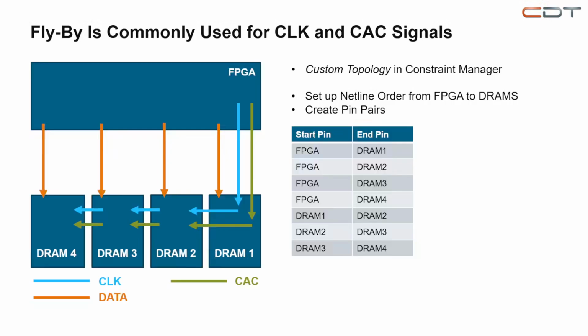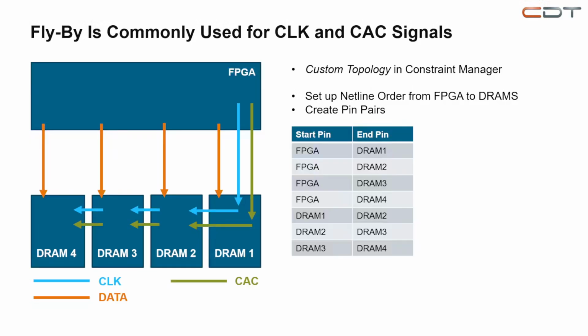In the tool, we can handle the flyby topology. You can also handle other topologies like T-shape, for example. We can do that. But if you are dealing with the flyby topology, you would need to assign those nets to a custom topology that allows you to set up the netline order and set up the pin pairs. So when you set up the netline order, you are organizing the order of these components basically.